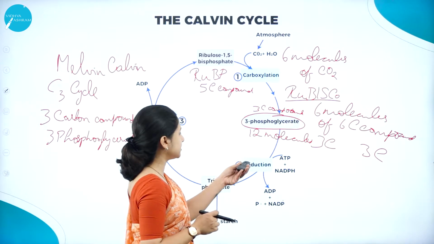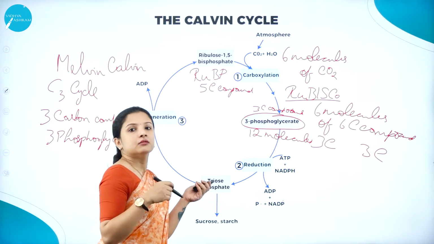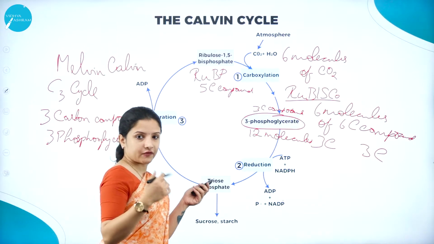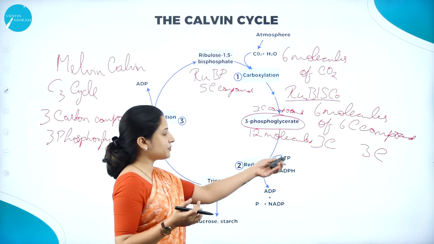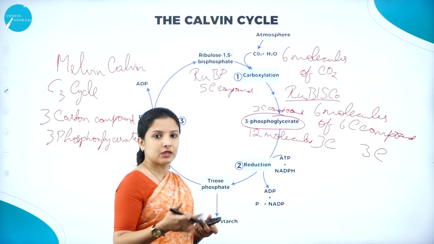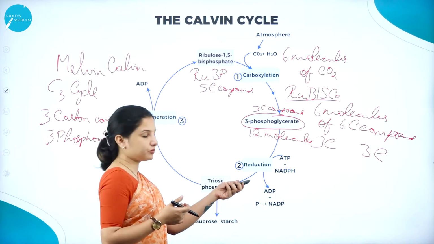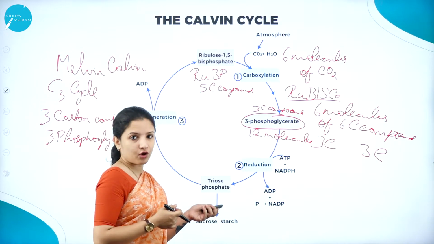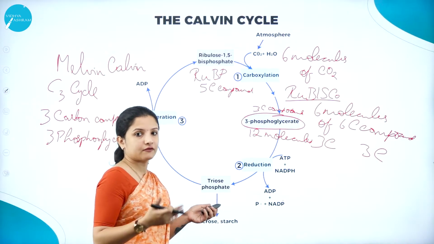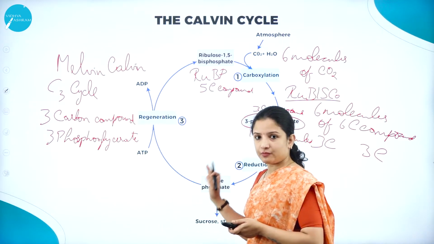Phosphorylation is occurring here, because ATP is donating a phosphate group. That will get converted into glucose, which will later be stored in the form of starch in the plants. That is what happens in the reduction process.